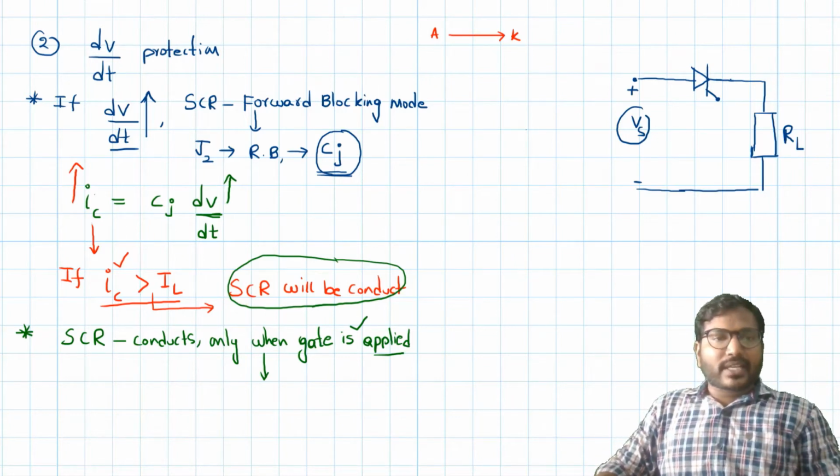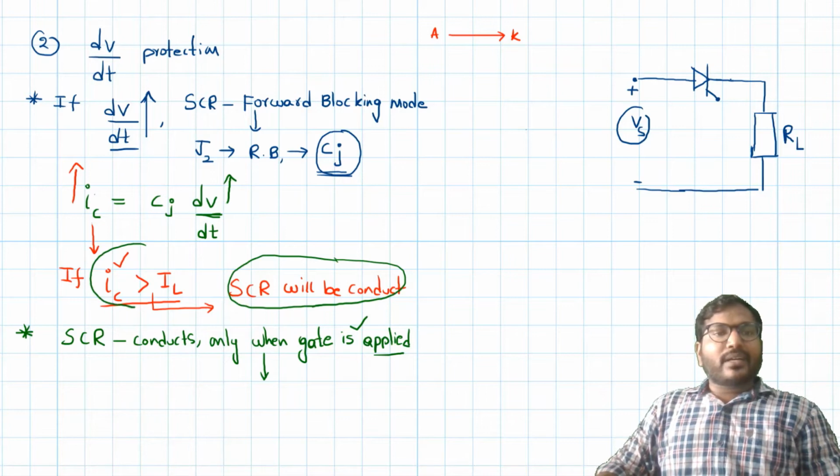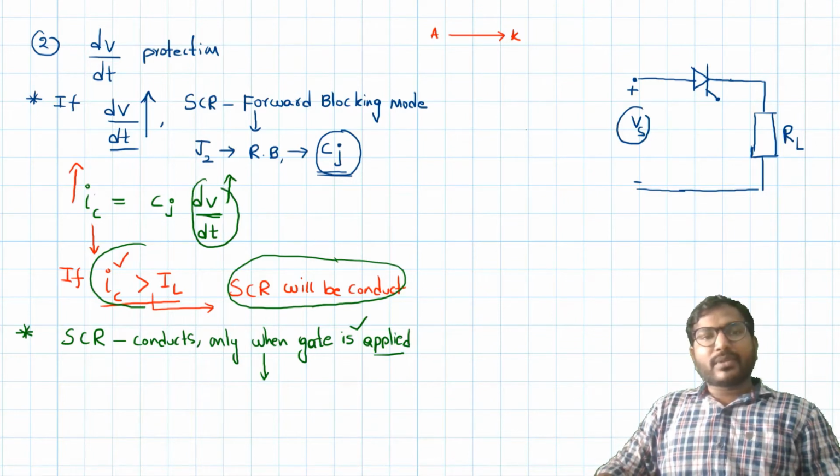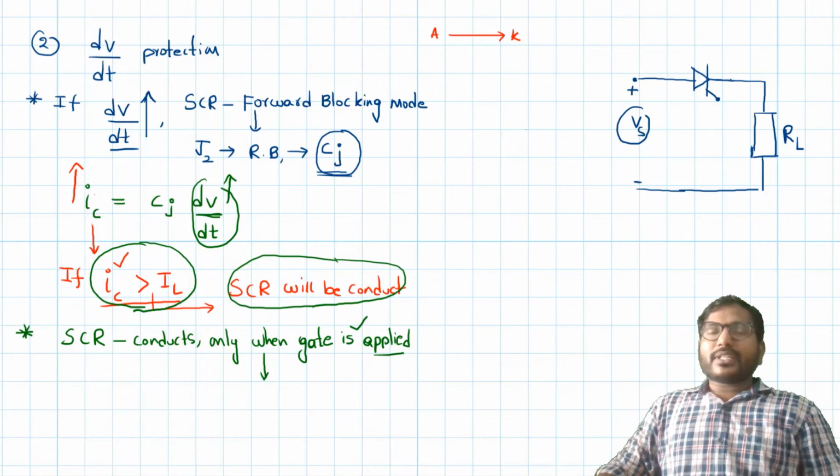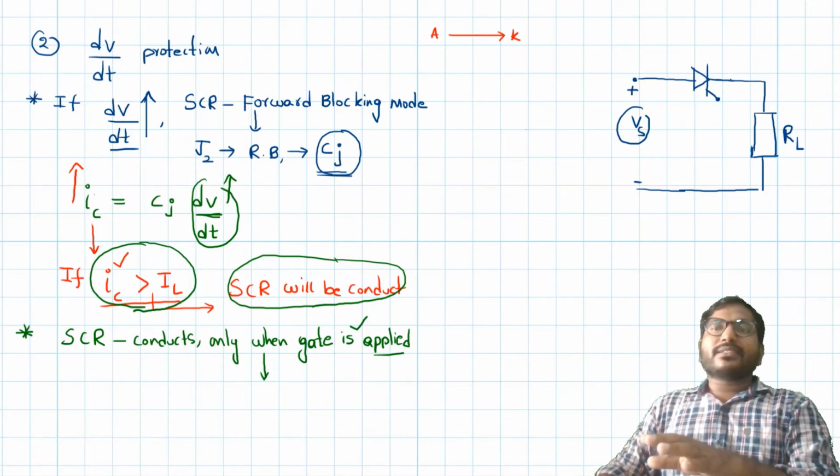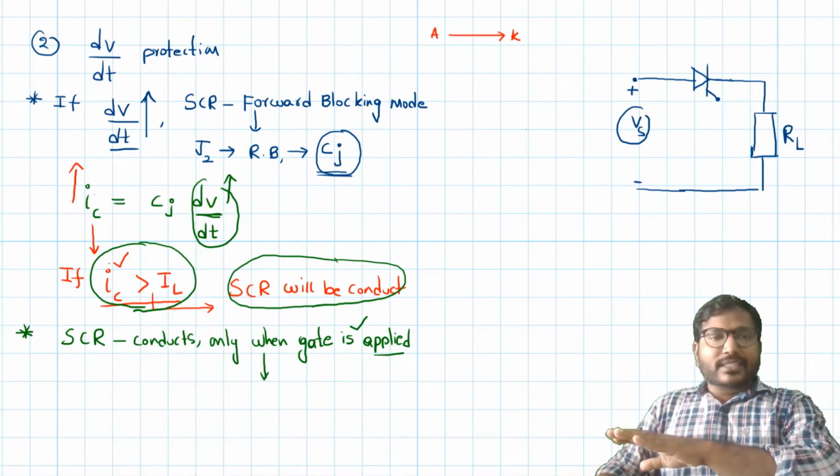But in this case, the charging current due to high dV/dt is more than the latching current, so this Ic acts as a gate current.